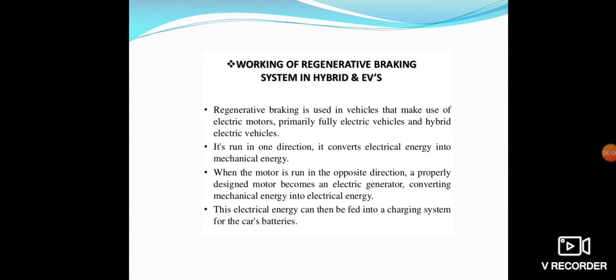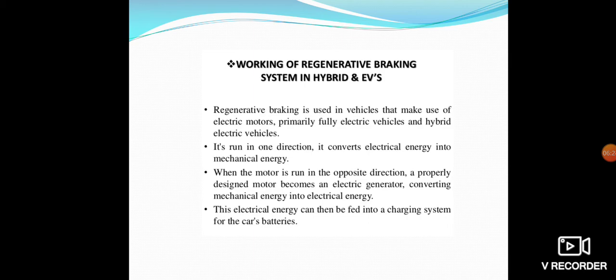But when we apply the brake, the brake control unit disconnects the engine using the transmission and connects it with the motor. Means when we apply the brake, the engine and final drive are both disconnected with the help of the transmission, and now the transmission is connected with the motor.